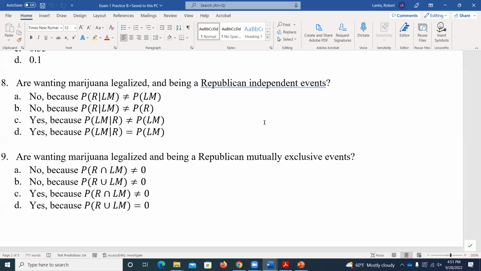You also could have ruled out one of these. So which one could you rule out? If they were in fact independent, what would have to be true? If the answer was yes, they're independent, and you said it was because those probabilities, the unconditional and conditional, weren't the same, that doesn't line up. It's either yes, they're independent because the conditional and unconditional probability are the same, or no, they're not, because the conditional is not the same as the unconditional probability.